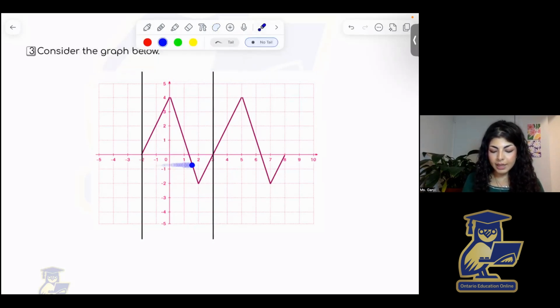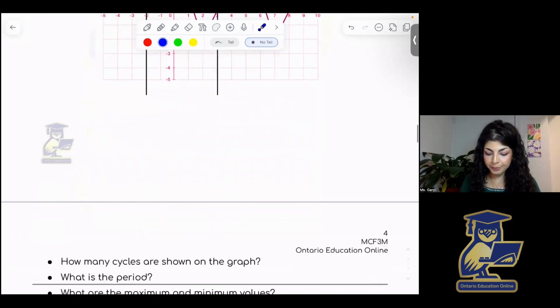And now I see this happens over 5 units, and I want to see if this portion is repeating again. So clearly I see after about 3 and a bit, I'm back at that point. Yep, that part holds. I move down by 2 units and then I'm back at where I started. And this whole portion is another 5 units. So this pattern is actually repeating and it does happen over a period of 5 units. So then, yes, this is a periodic function.